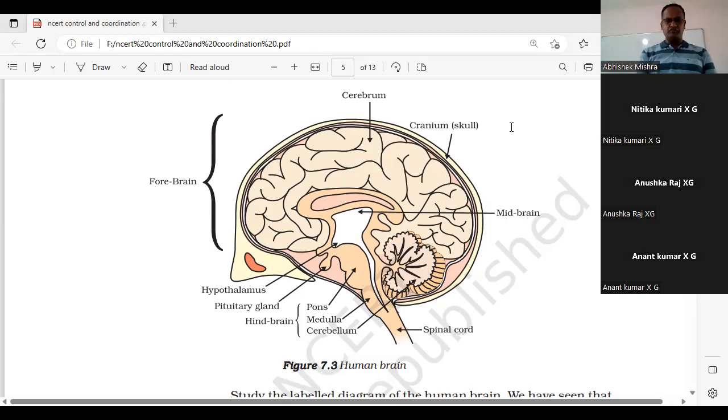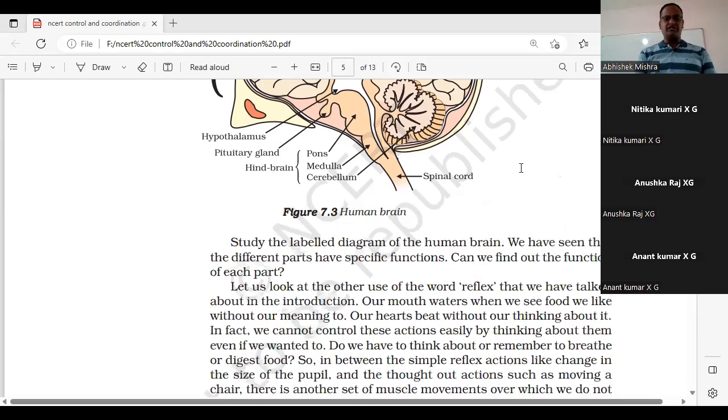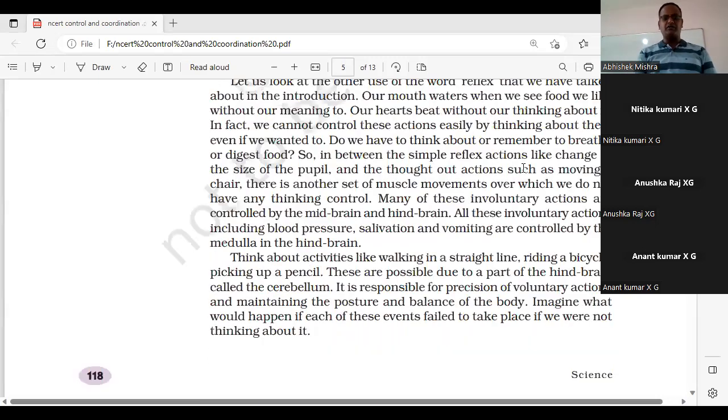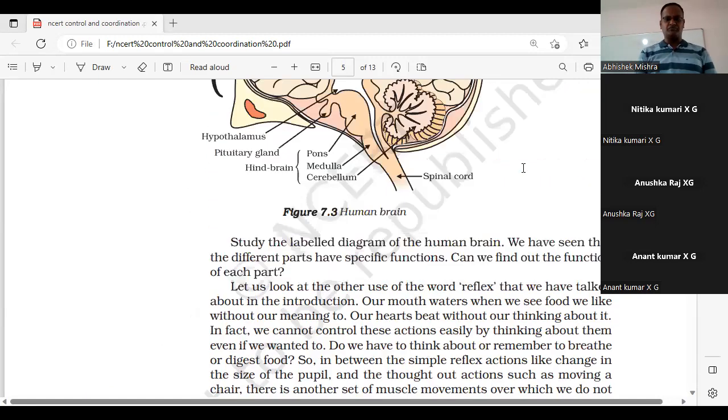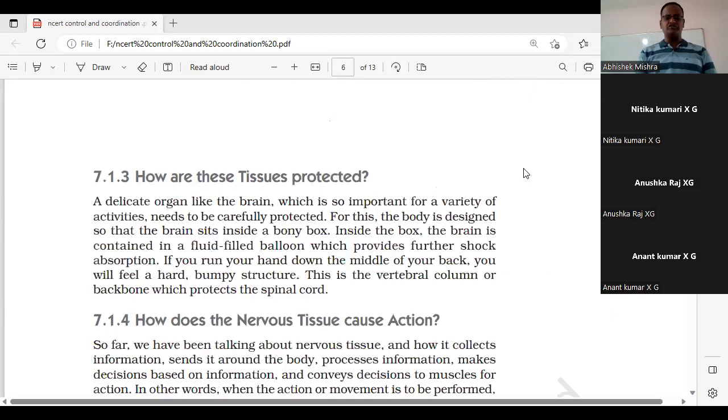Now I will ask you a few questions. I will ask you a few functions, and you will tell me which part of the brain is doing this function. And this question also came in last year's paper.